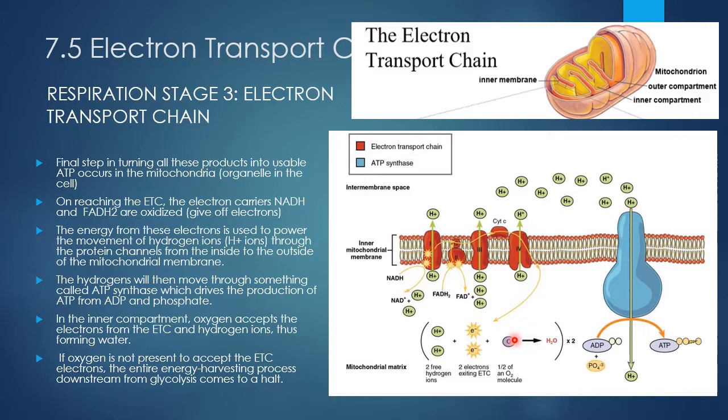And we have to have this oxygen present to accept these electrons. Otherwise, this process can't take place. So if you don't have oxygen present, like the guy climbing Mount Everest did not have enough oxygen present, he was not able to do this final step of the electron transport chain, and therefore could not get the ATP that his body needed to drive all of the other processes going on inside his body.